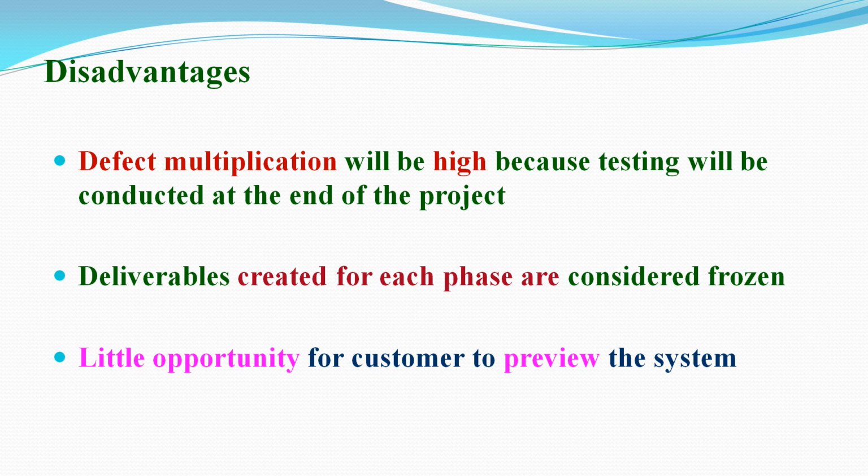Even though the defect is there, which is not found, that defect will create multiple defects for the next coming stages. That is called defect multiplication. Here the defect multiplication will be high in the waterfall model because the testing will be conducted before the deployment, that is at the end of the project. Whereas in the V model, the testing process will start from the beginning of the life cycle. We will discuss that in the next session, right?